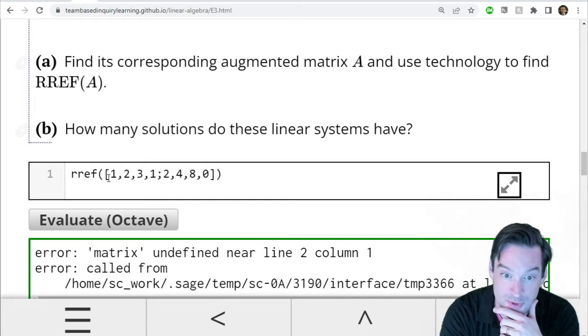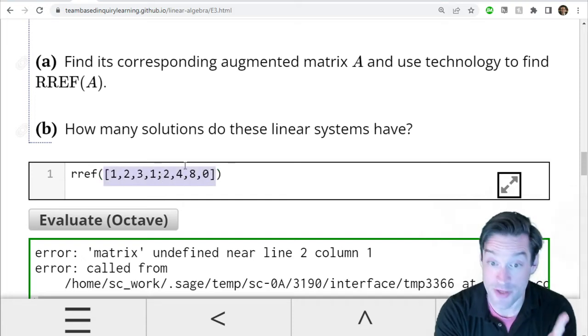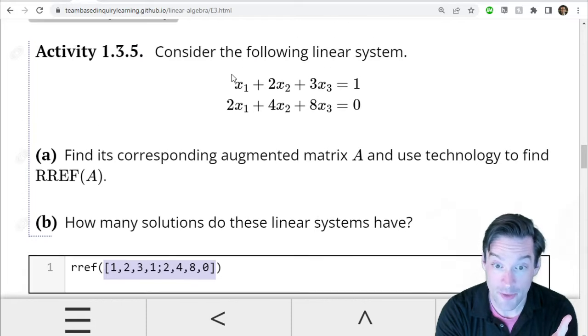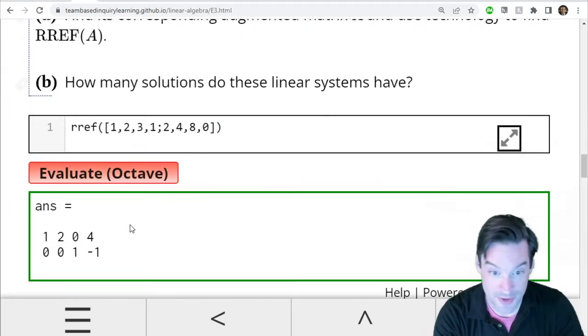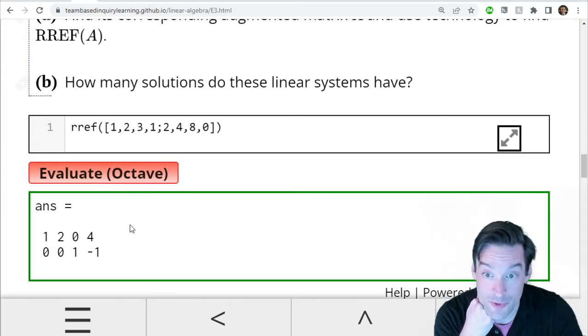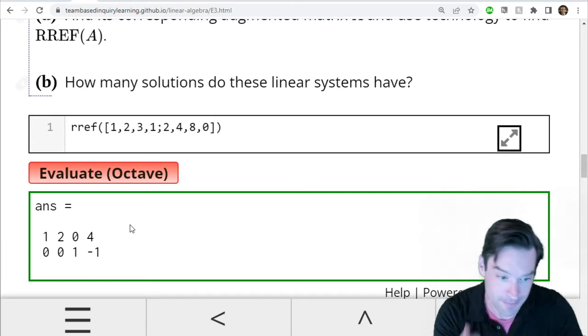You'll just type the entries of your matrix in square brackets with commas in between them and a semicolon at the end of each row. So in this example, our augmented matrix is 1, 2, 3, 1. And at the end of that row, put a semicolon, 2, 4, 8, 0. Put that in square brackets and then surround it with parentheses and REF in the front. And so when you do that evaluation, it spits out the reduced row echelon form for that matrix.